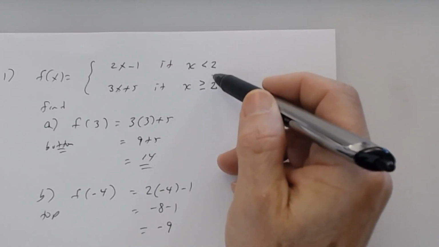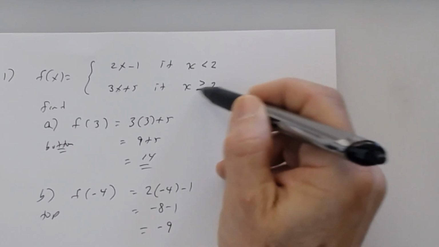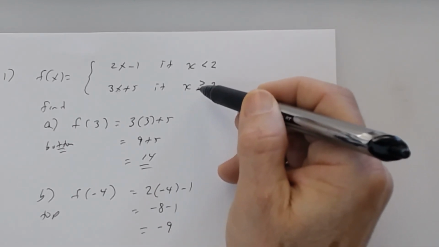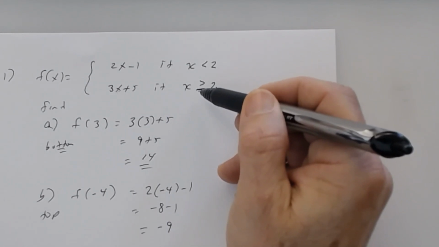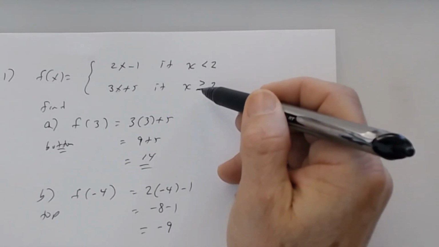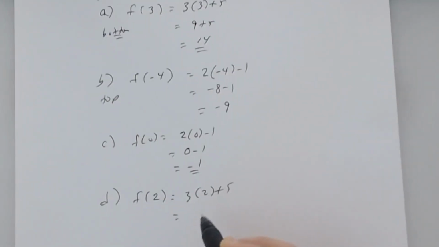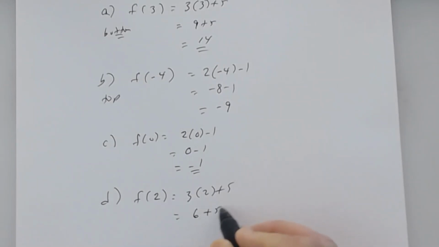No. 2 is not less than 2. 2 what? Equals 2 because of the equal sign. That's the only reason why you're using the bottom one now. Okay, because of the equal sign. So it becomes 3 times 2 plus 5. What's 3 times 2? 6 plus 5 is 11.